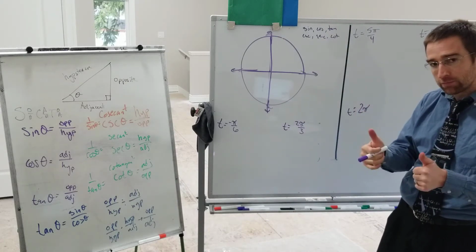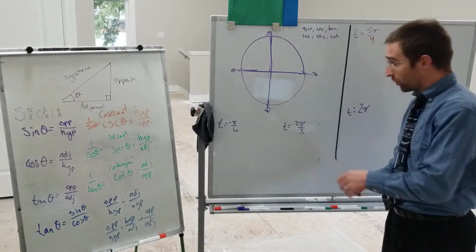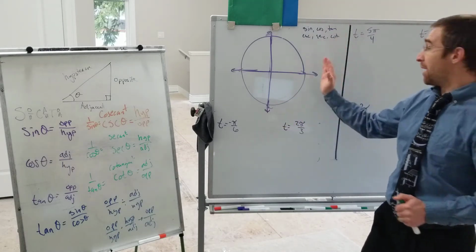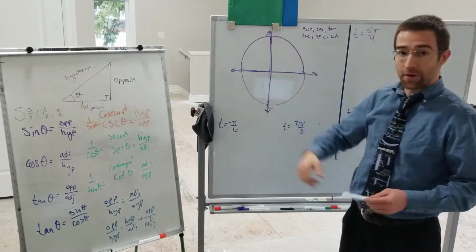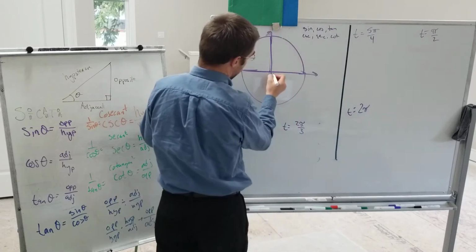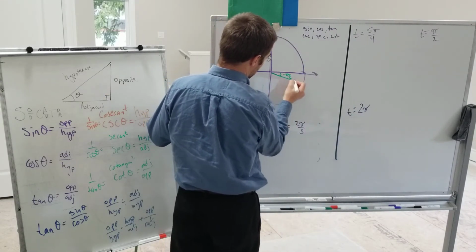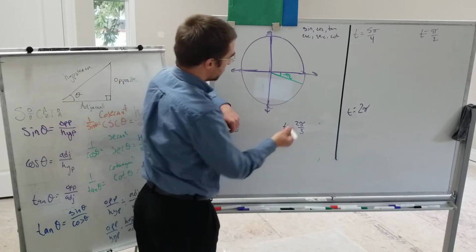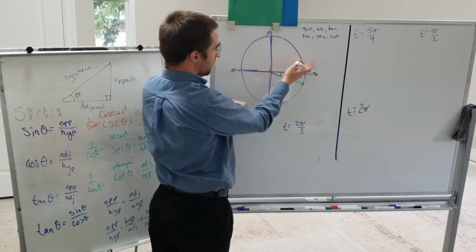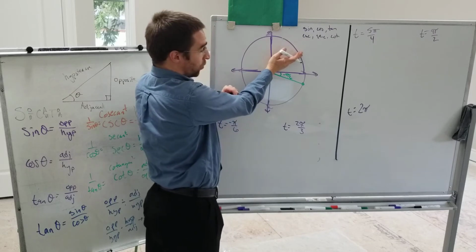Ready? Here we go. Starting with negative pi over 6. Remember, a positive angle goes this way, negative angle goes that way. So I'm going to go pi over 6 this way, so negative pi over 6. And that gives me the reflection of where pi over 6 is.